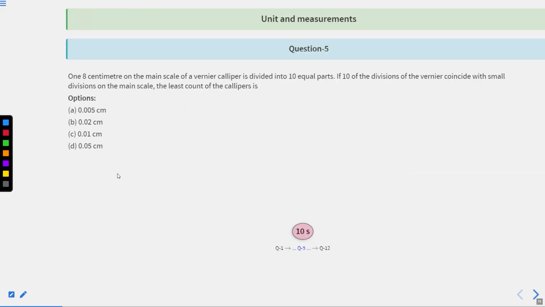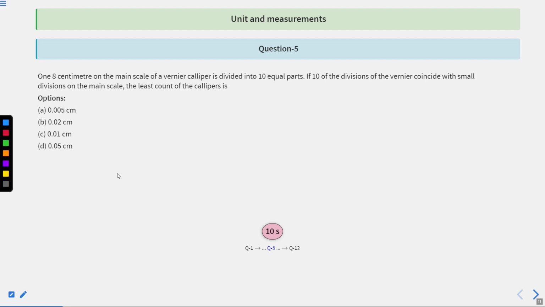Now next question, fifth question. 1/8 centimeter on the main scale of a vernier caliper is divided into 10 equal parts.